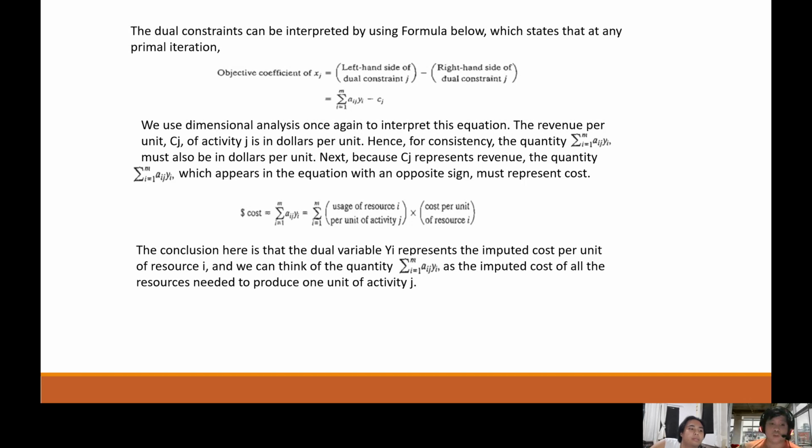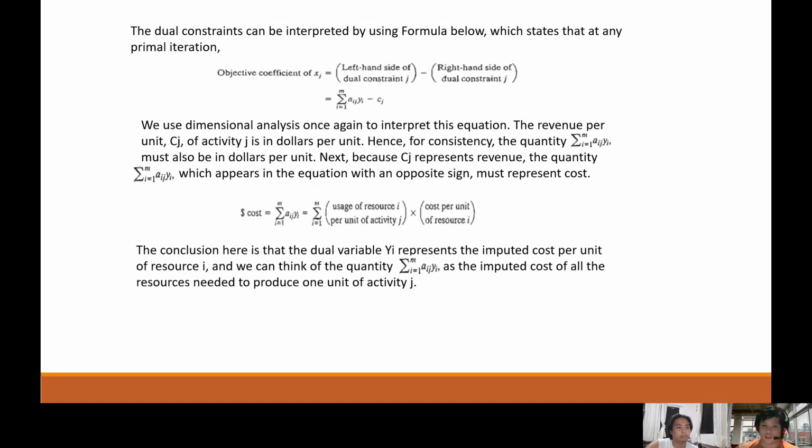The revenue per unit cj of activity j is in dollars per unit. Hence, for consistency, the quantity on the other side must also be in dollars per unit. Next, because cj represents revenue, the quantity which appears in the equation with an opposite sign must represent cost.